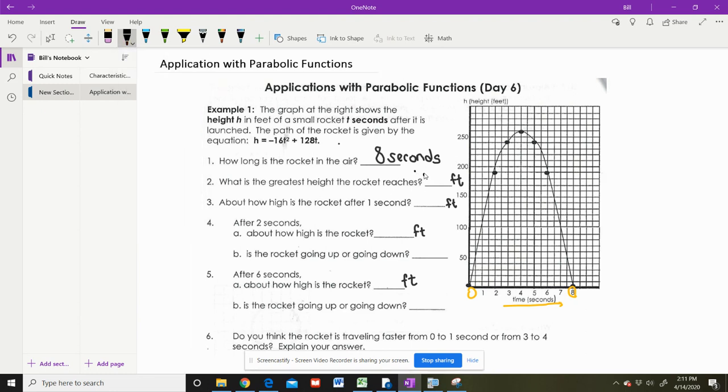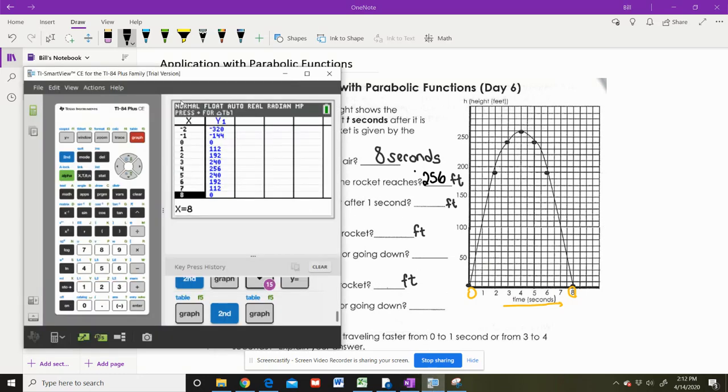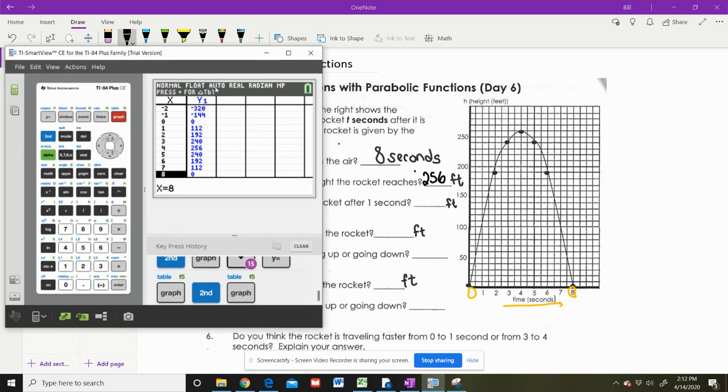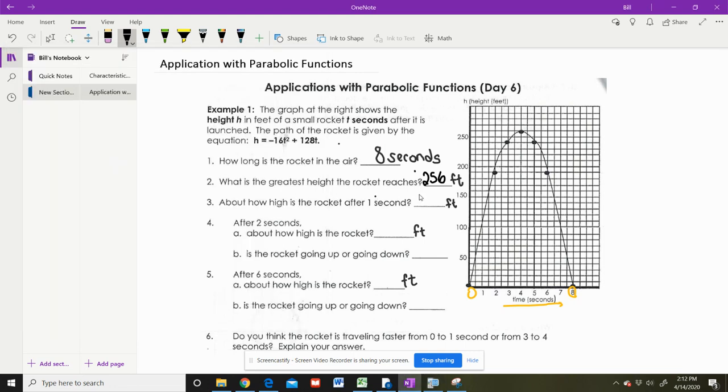All right, 256, that's our maximum height for the rocket. About how high is a rocket after 1 second? Again, all we have to do, graphing calculator makes it really easy. 1 second, it was at 112 feet. So 112 feet.